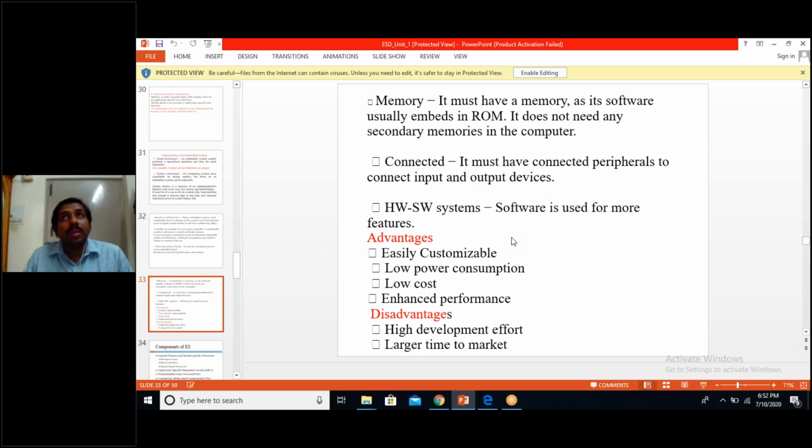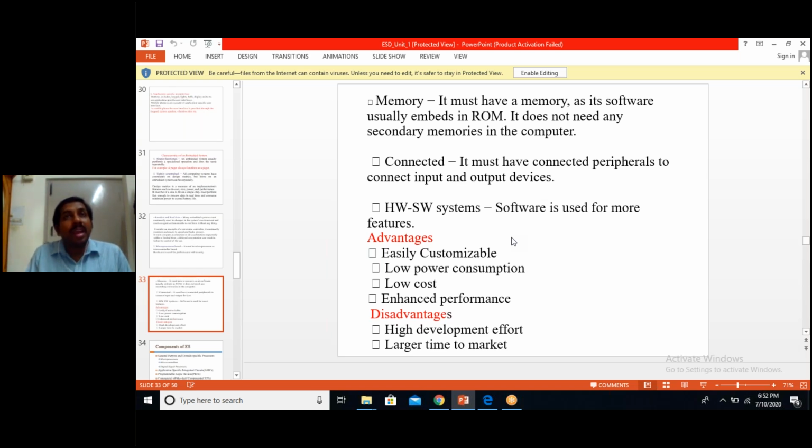See, this is not a classification, this is only the characteristics. So based upon the processor used, how good an embedded system is. The processor used in an electronic toy is simple, the processor used in a missile system is a complex one. Similarly for memory, less memory or more memory, whether we require any secondary memory. So that is a characteristic.